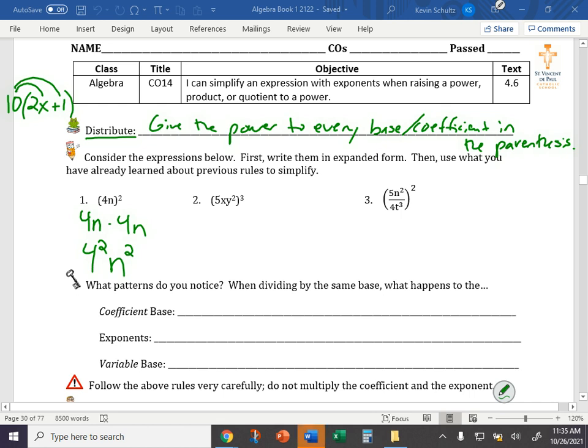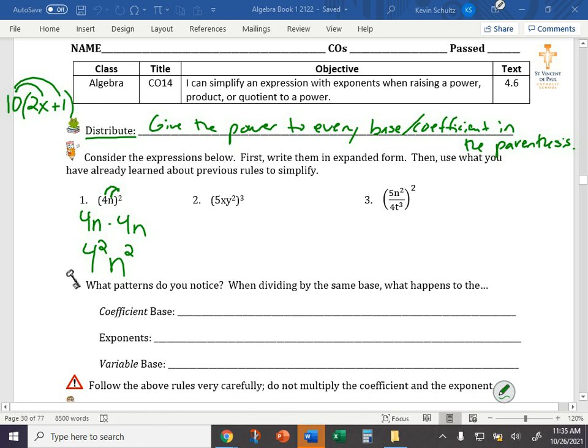If you'll notice, when we say give the power to every base and coefficient in the parentheses, if I distribute this 2 into my 4, that's where my 4 squared comes from, right? It takes on that power. If I distribute this 2 into the n, that's where my n squared comes from. It takes on the power. Very similar to what we do here: 10 times 2x, 10 times 1.